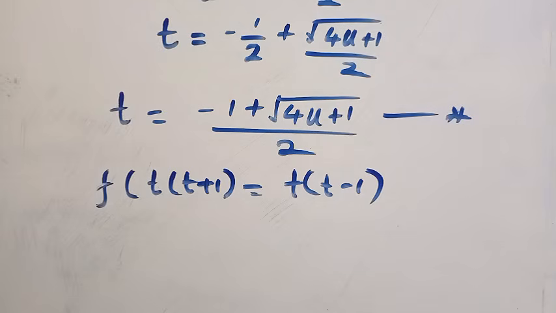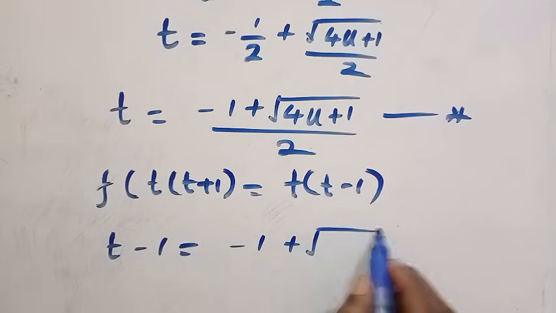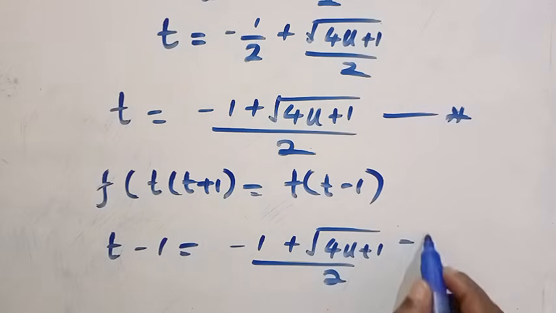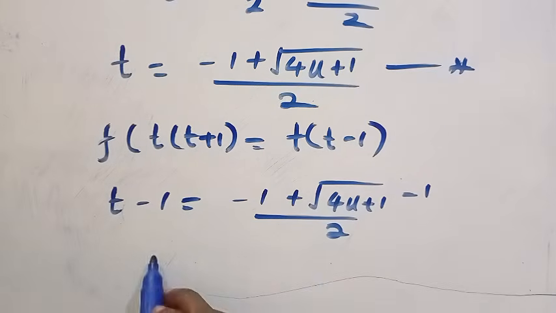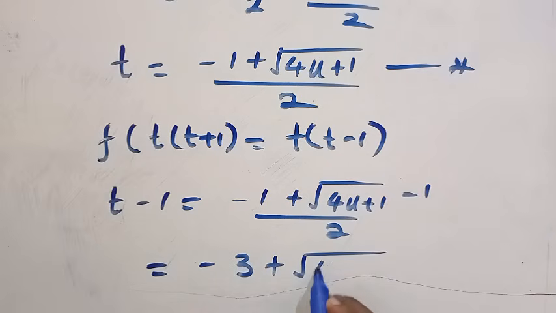So by subtracting 1 from both sides, we have t minus 1 equals minus 1 plus square root of 4u plus 1 divided by 2, minus 1. The whole of this gives us minus 3 plus square root of 4u plus 1, all divided by 2. So this is what we have here.